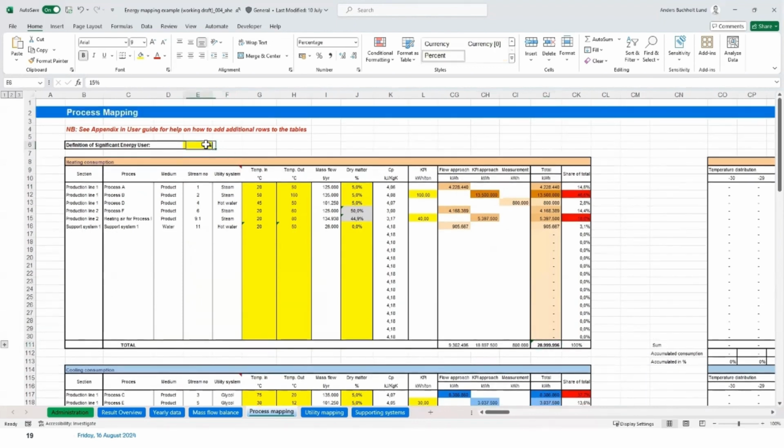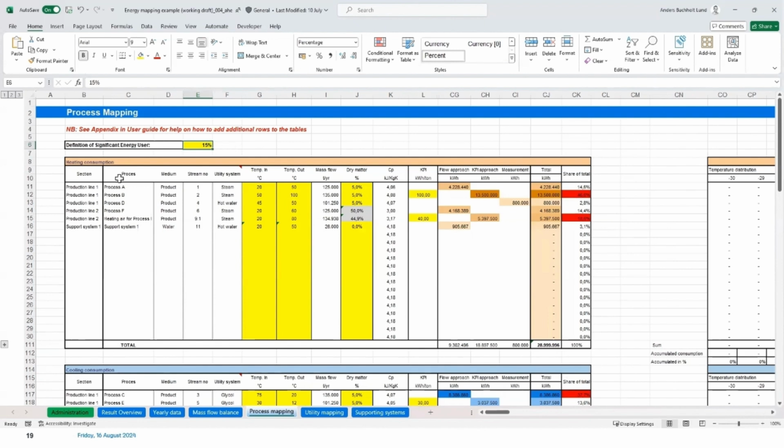In the top of this, you can describe a significant energy user, which is a process or process equipment that uses a vast amount of energy, and you can then enter a value. Here it's 15%. So if a certain process uses more than 15%, that is defined as a significant energy user, and you should perhaps follow that regularly and make KPIs, because this is a large energy consumer.